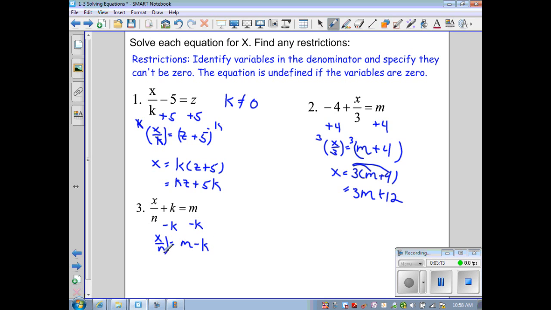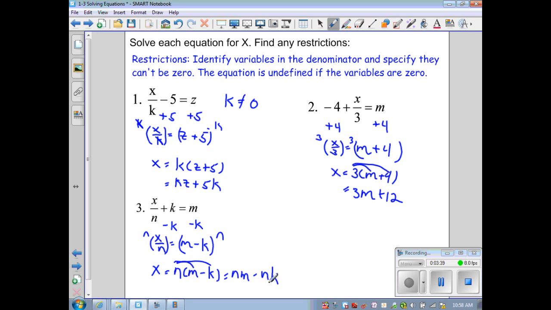I'm going to multiply both sides by n. That will give me n divided by n, which leaves me a positive coefficient of 1 for my x, and n times the quantity of m minus k. I can use the distributive property and get nm minus nk. Now we have to check for restrictions.